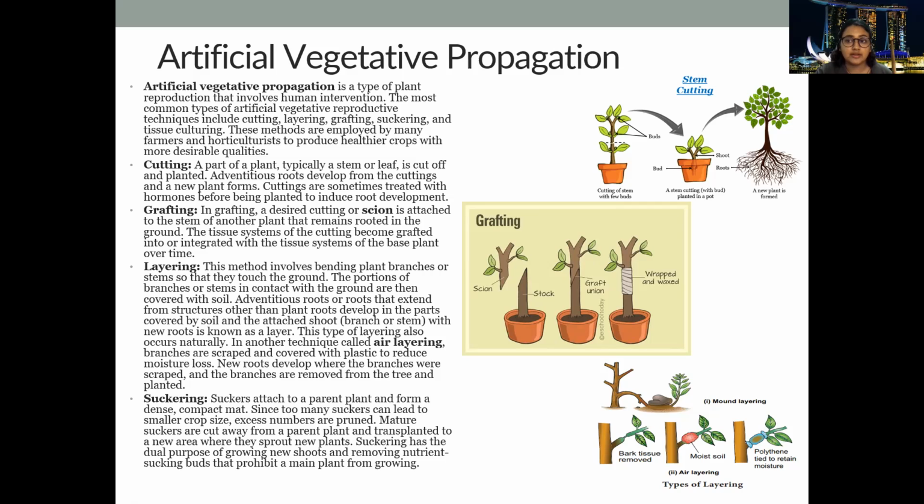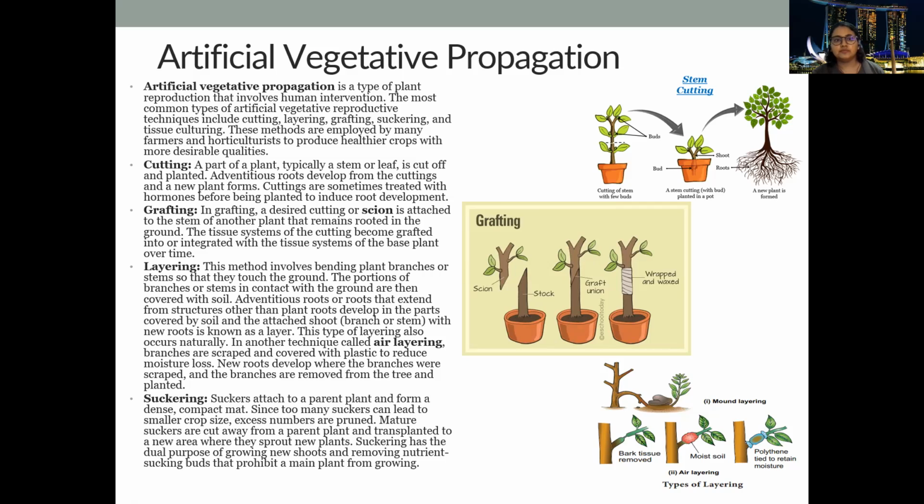Bees have three kinds of categories in their hive, right? Drones, workers, and queen bee. So the unfertilized egg gives rise to male drones, and the queen and female workers are from fertilized eggs, okay.